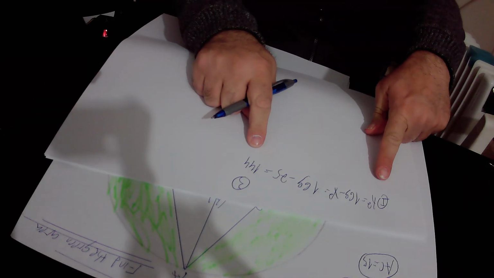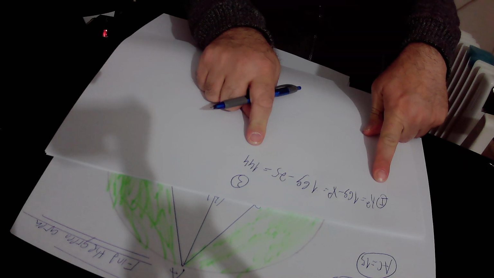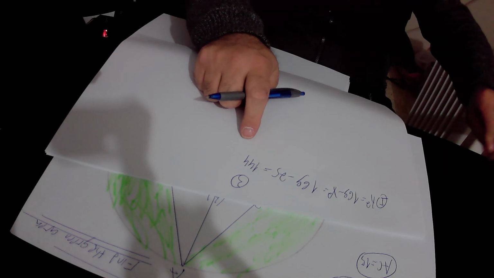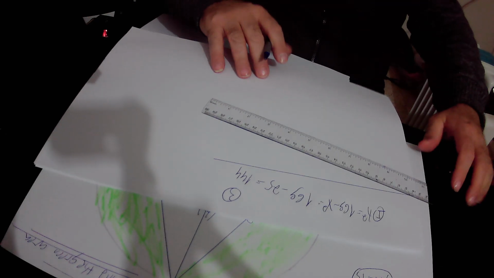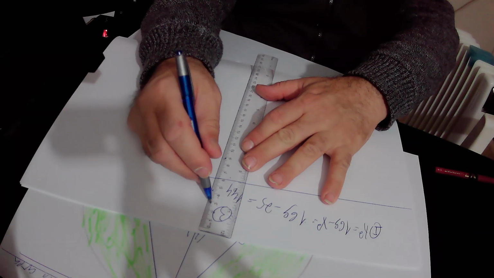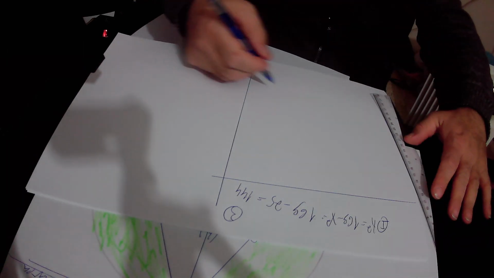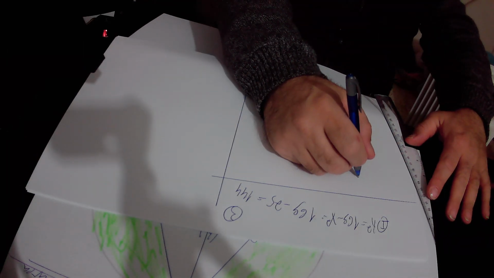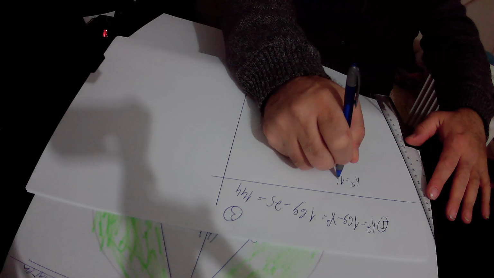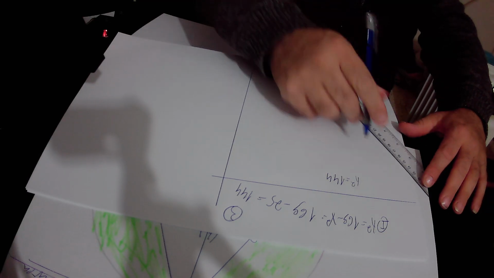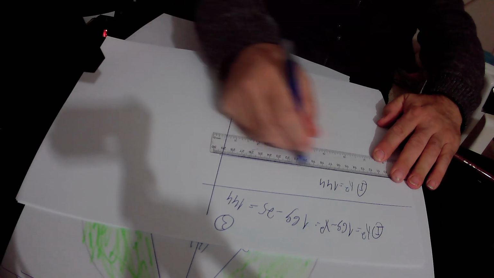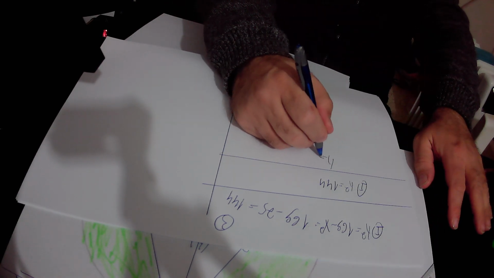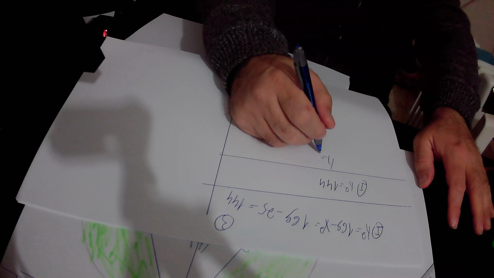So in conclusion, H squared equals 144. From equation number 1, H equals the square root of 144, that is 12.